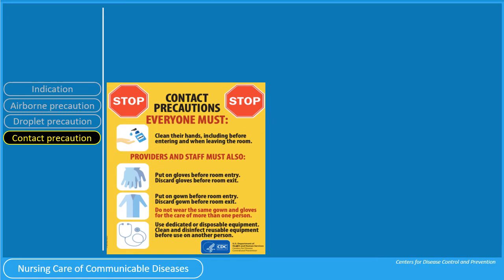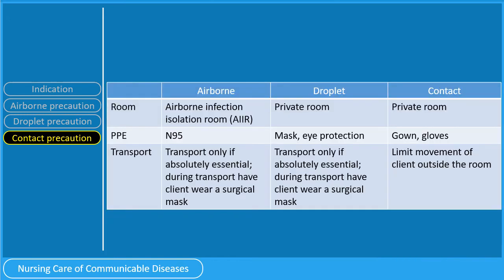It also reminds healthcare providers to use a dedicated or disposable equipment and clean and disinfect reusable equipment before use on another person. The salient point of contact precaution is to place the patient in a private room and for the healthcare provider to wear gown and gloves. Patient's movement must also be limited.